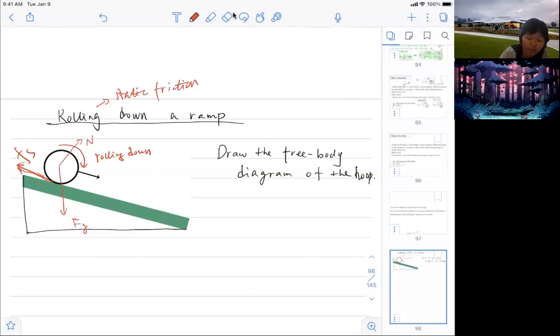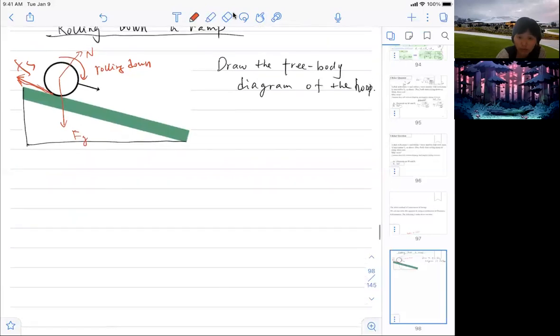If your friction is this way, that would have given you a rotation that is rolling up the ramp. If they were actually rolling up the ramp, then you would know which way your static friction is. But rolling down the ramp, the friction has to be this way. So you can see that it's pushing the object, giving it a torque, causing a rotation that is rolling down. Very good. Now we have all three forces.